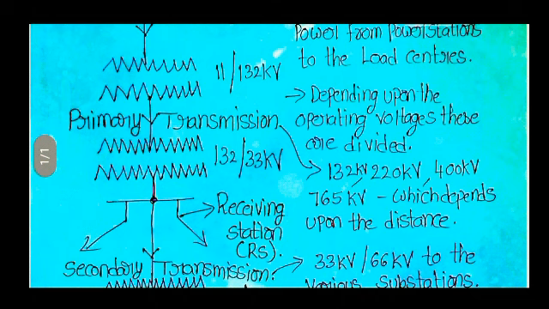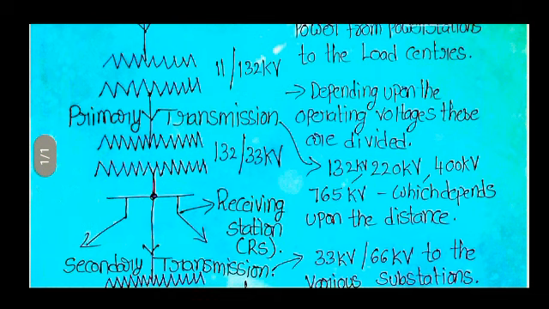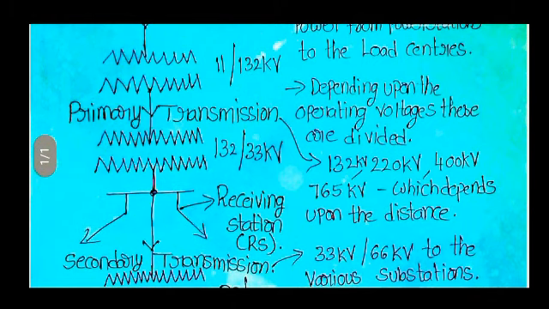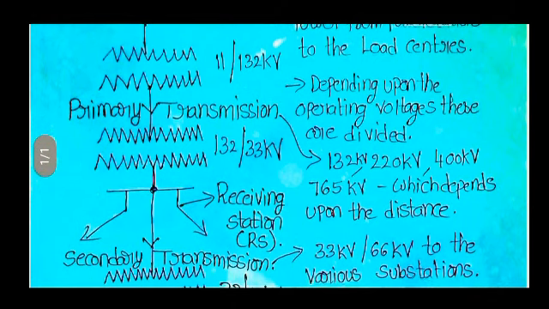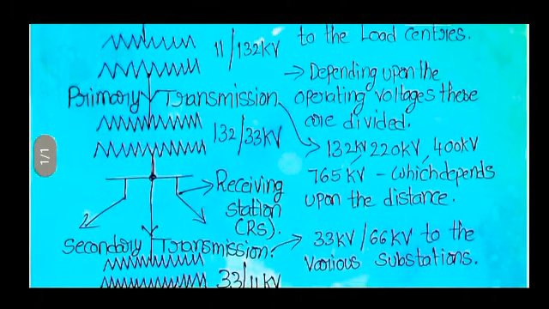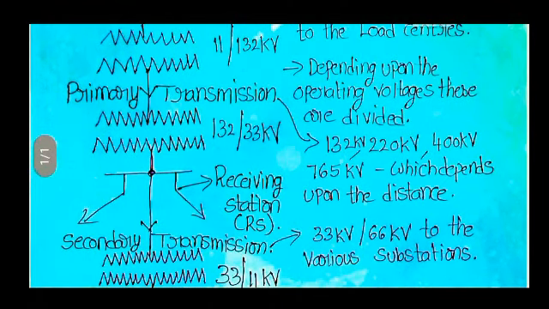At the receiving station, the voltage is reduced to 33 kV or 66 kV by using a step down transformer. So by using the step down transformer, we step down the voltage level from 132 kV to 33 kV at the receiving station.